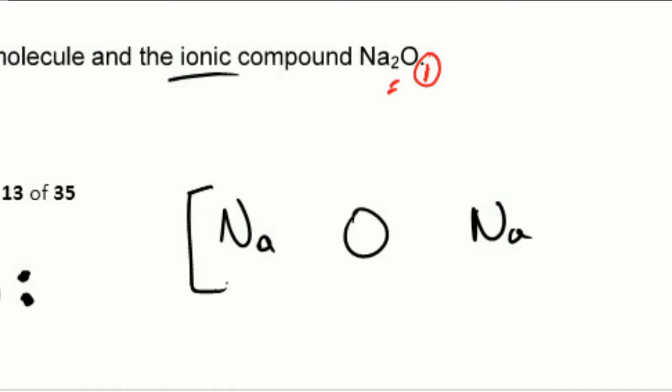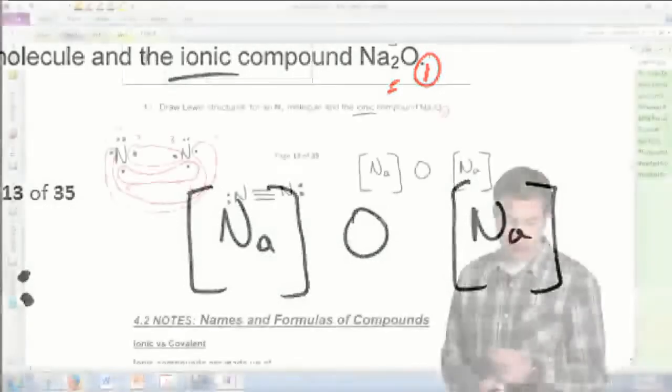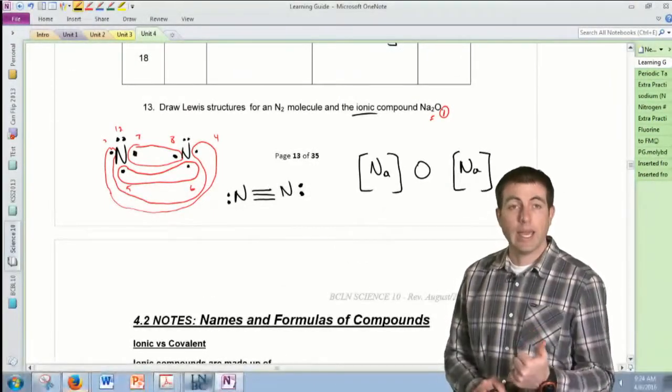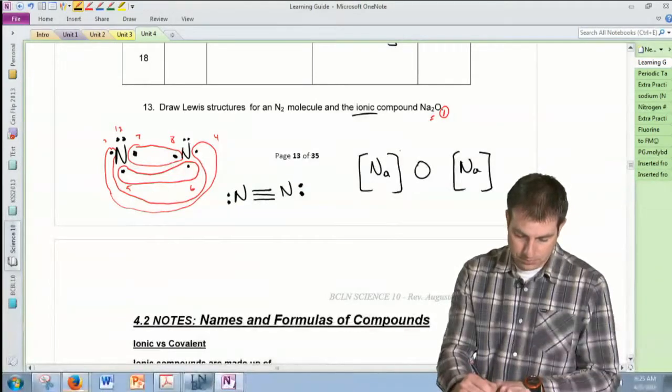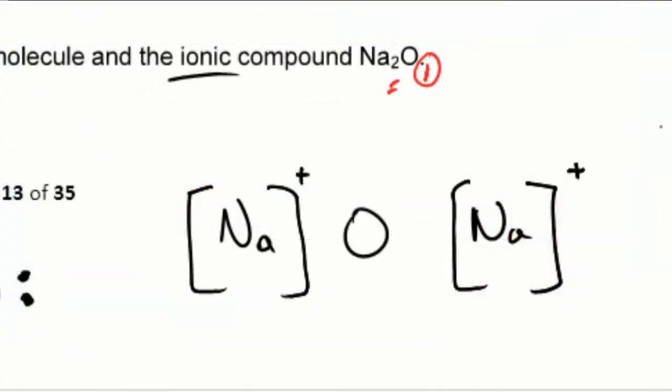Now, we just drew sodium on the periodic table, or it was one of the examples. And sodium will have 1 electron in its outer shell because it's in the first column. It's going to get rid of that electron and have a positive charge. So each one of the sodiums will have a positive charge.